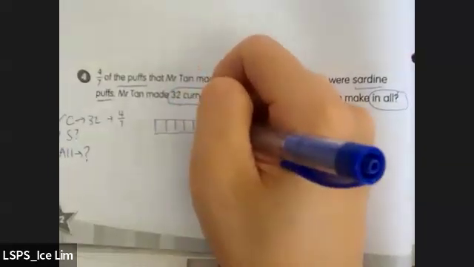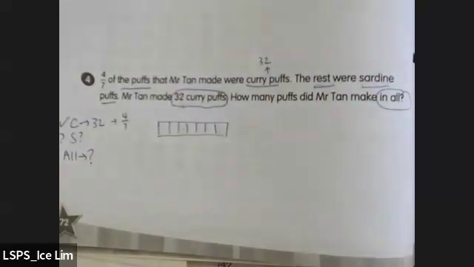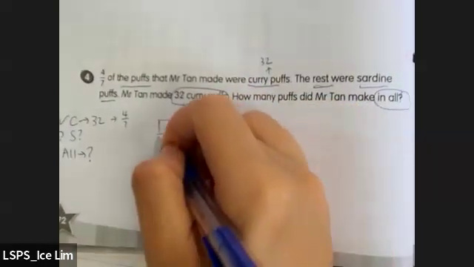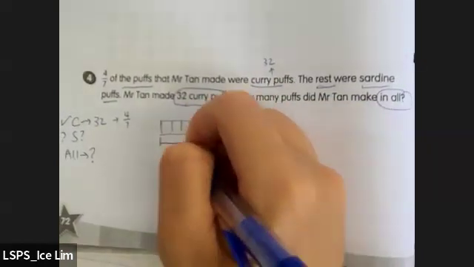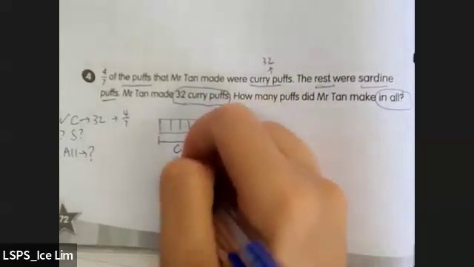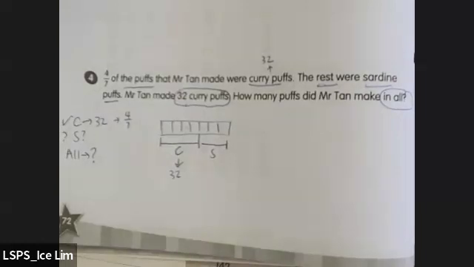Seven units: 1, 2, 3, 4, 5, 6, 7. 7 units. These are all the puffs. Then 4 units is curry puff. This one is sardine. Curry is 32. Then for this one I think the unitary method is the best.